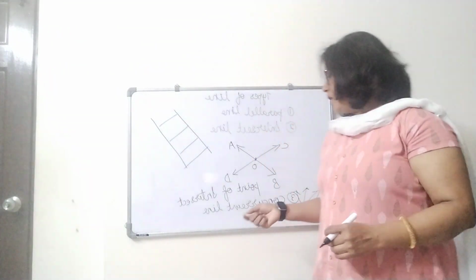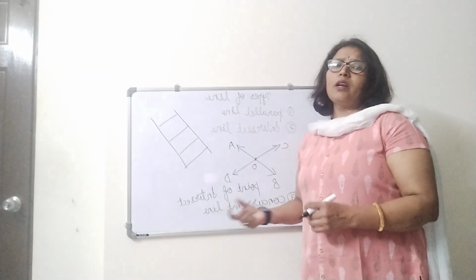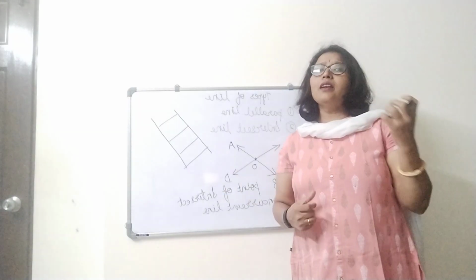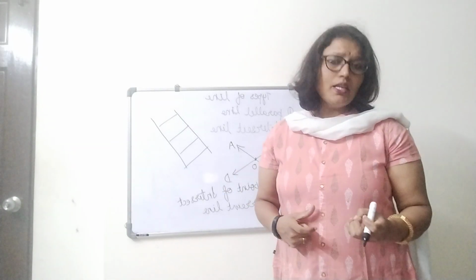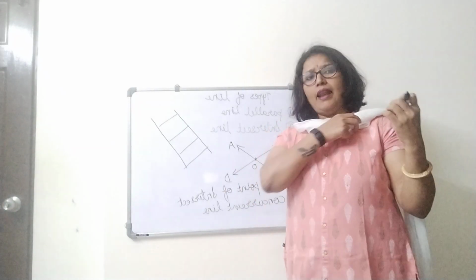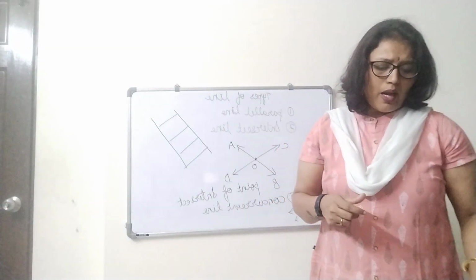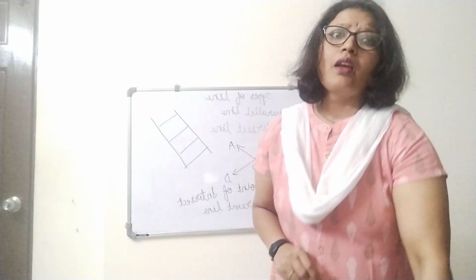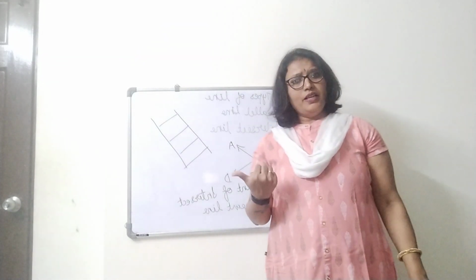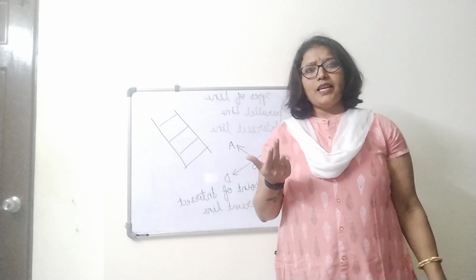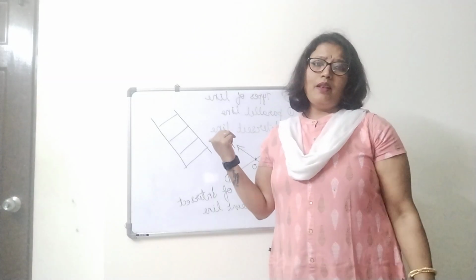That is called concurrent lines. So you can draw any number of lines using that common point. Now we understood the basics: points, line segments, rays and types of lines.